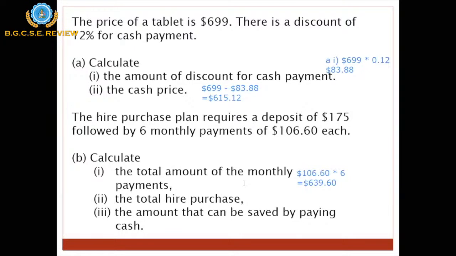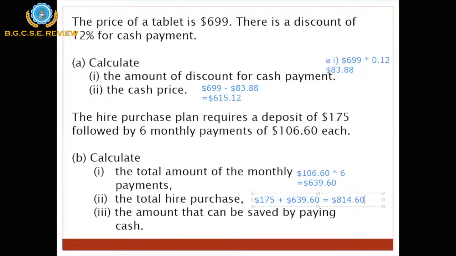My deposit, the question told me, was $175, plus my total monthly payments, which were $639.60. So in total, if I take the hire purchase route, I end up paying $814.60.